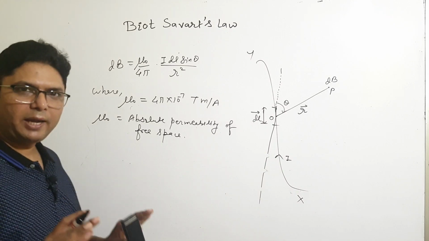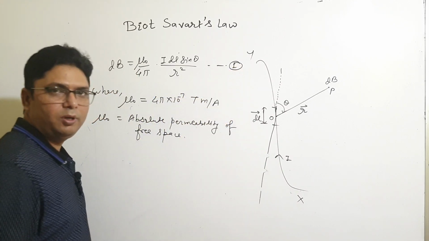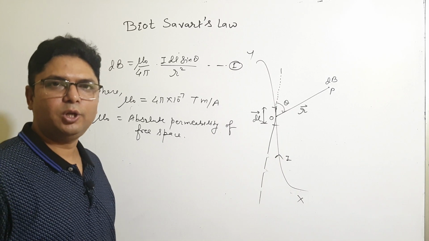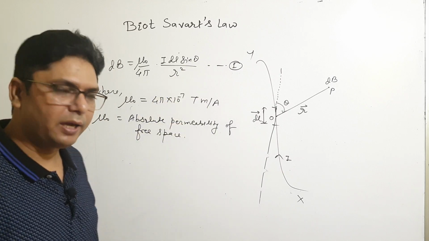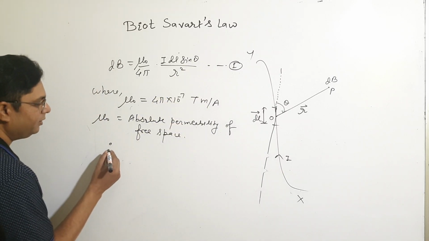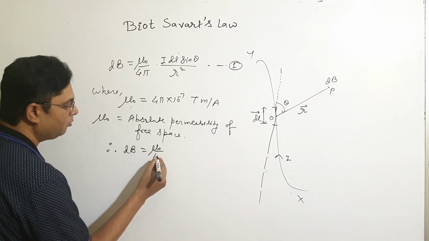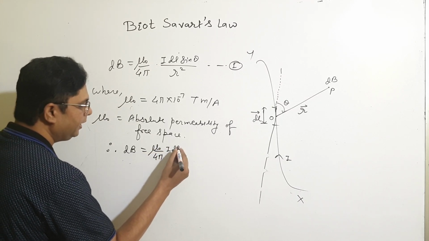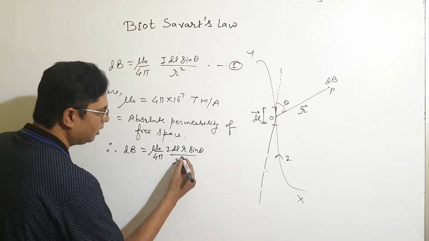Now if you want to write this equation number 1 in vector form, then you have to multiply the numerator and denominator of the RHS by R. So we can write dB equals mu naught upon 4 pi, I dl R sine theta upon R cube.